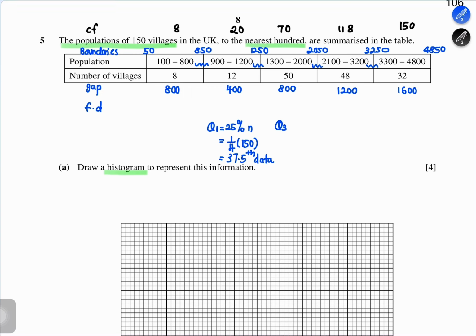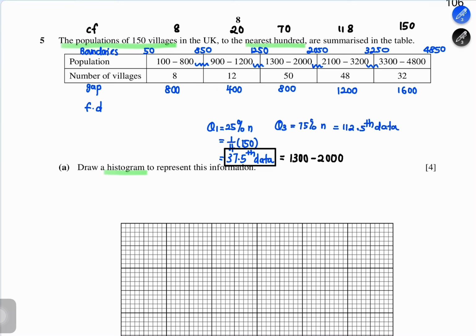So where is my 37.5th data? If I want to write it in the class interval, of course my answer will be 1300 to 2000. Similarly, for the Q3, my Q3 is 75% of my whole data set. So I'll just take 3 and multiply, which leads to the 112.5th data.